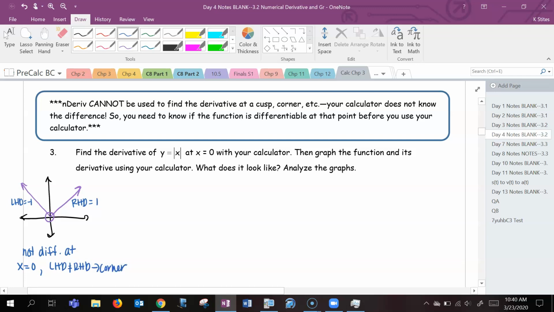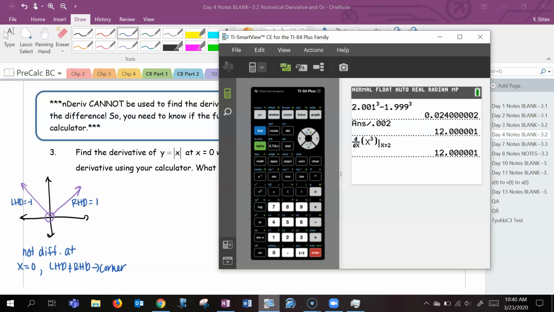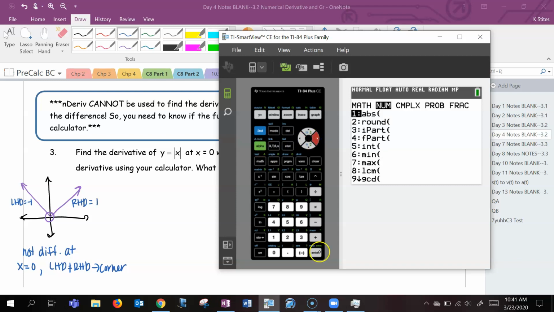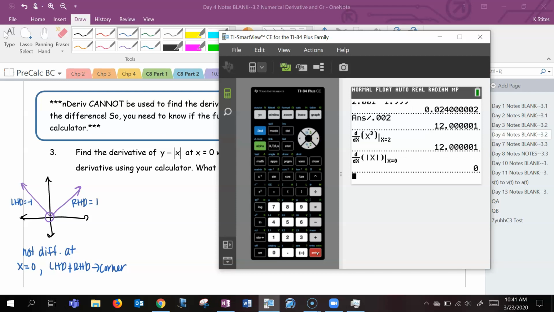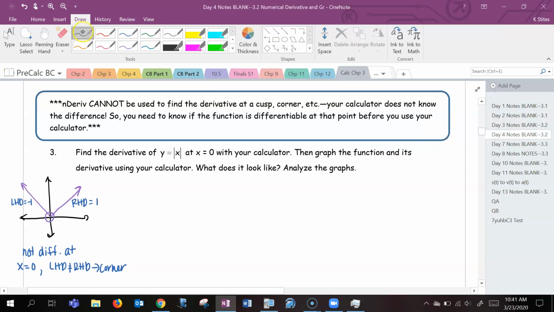Okay. However, when you use your calculator, Math 8, d dx, absolute value of x, and we're doing where x is 0, it gives you that. Let me just write that down.